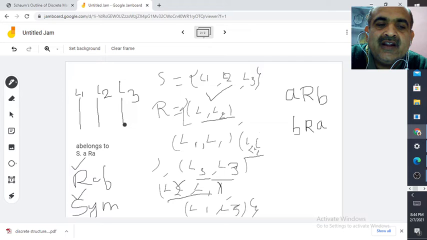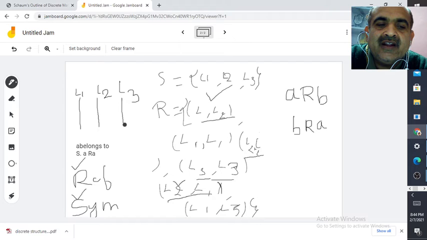L2 is parallel to L1 is the symmetric property, and L1 parallel to L3 is the transitive property. If A is parallel to B and B is parallel to C, then A is parallel to C. It follows all these things, so we can say that it is an equivalence relation.